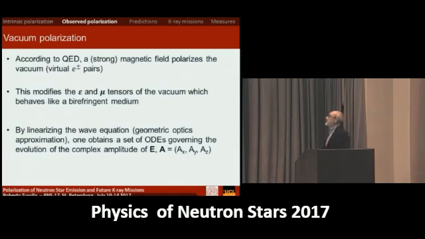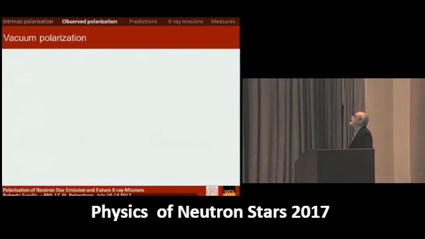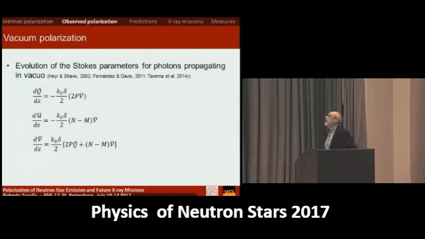This differential equation for the complex amplitude A can be translated into a set of differential equations which govern the evolution along the ray of the Stokes parameters for a photon which propagates in vacuo. These are the three equations which describe the evolution of Q, U, and V, the three Stokes parameters.